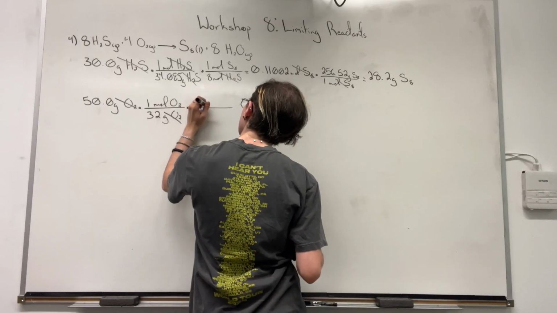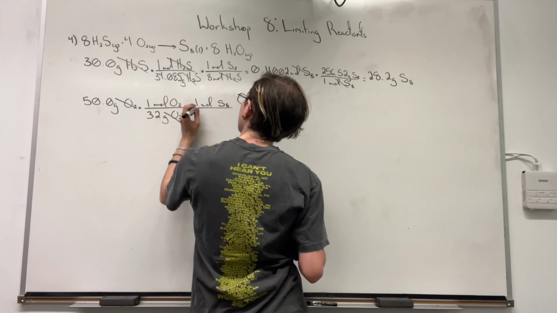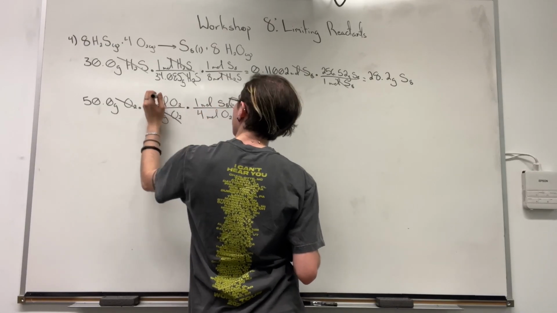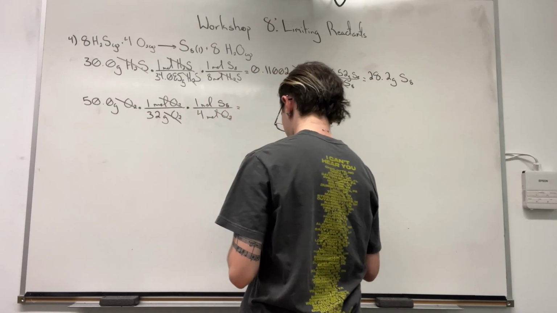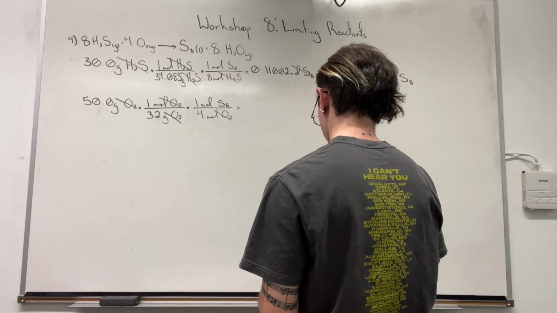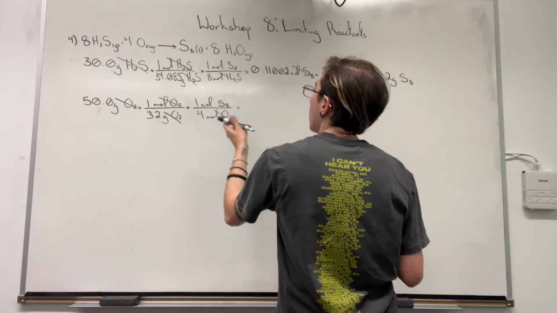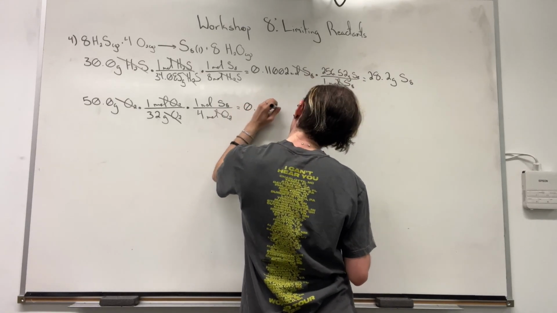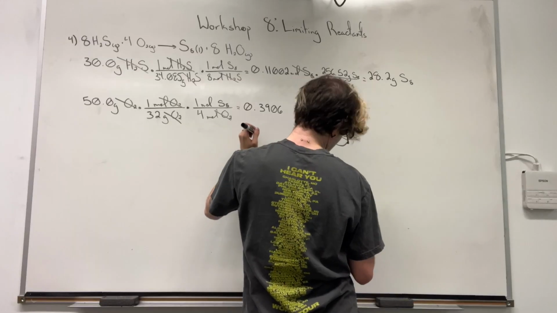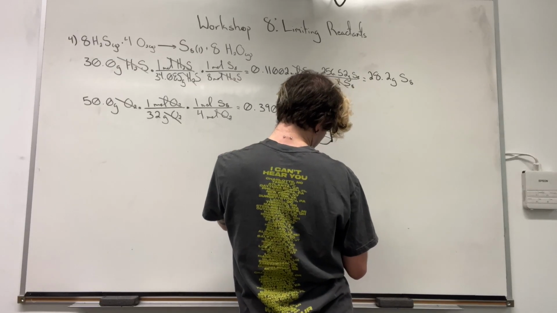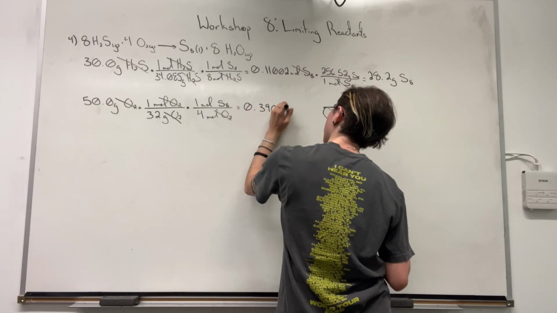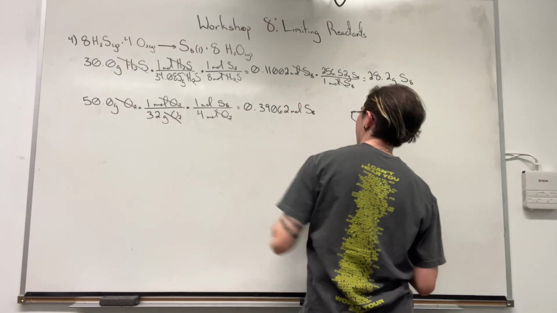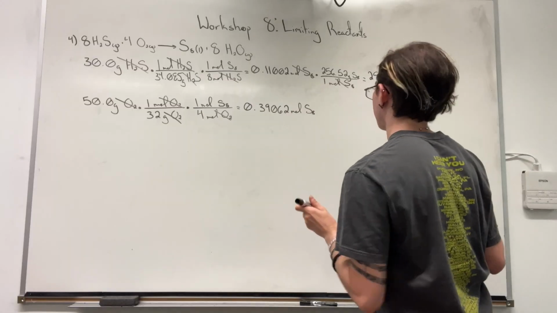1 mole of sulfur requires 4 moles of oxygen to be made. And so 50 grams of oxygen are going to make 0.3906, based on rounding rules, 39062 moles of sulfur, because our last digit here is a 5, sorry.